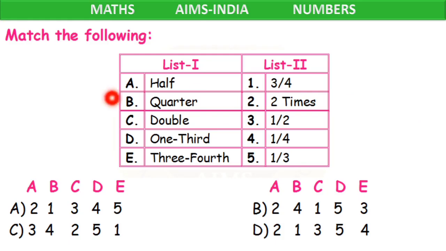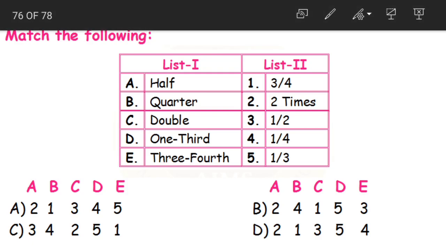Next. Now match the following. See children, again what I say is that match the following questions are the easiest to solve. Even if you know two answers, then you will be able to solve all of them. Now if you look at the first one, A, half. Half means what? 1 by 2. We all know that. Yes or no? A is 3.